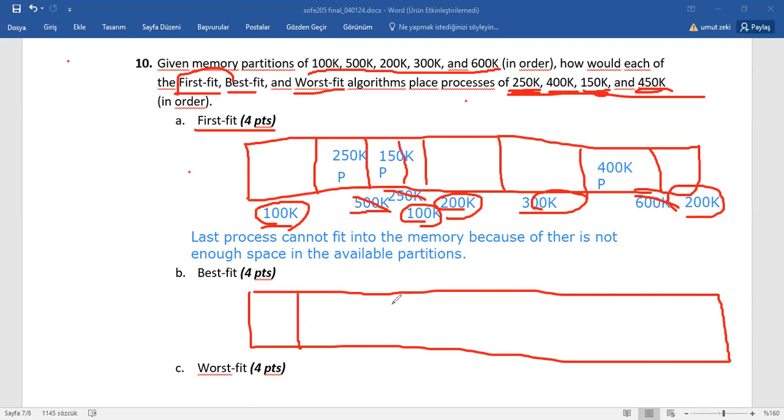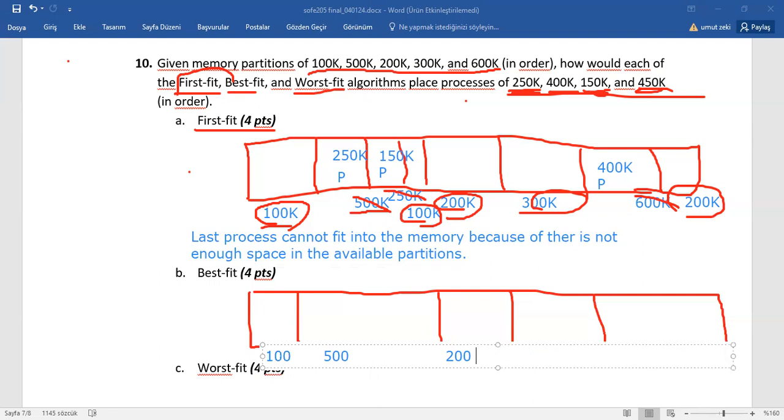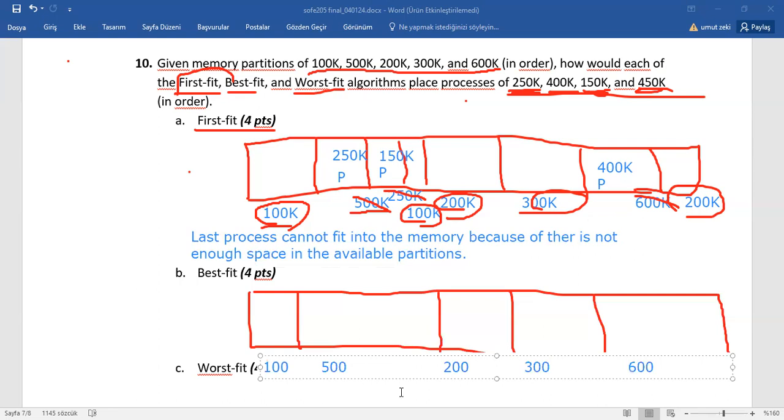So let's write our partitions again: 100, 500, 200, 300, and 600.